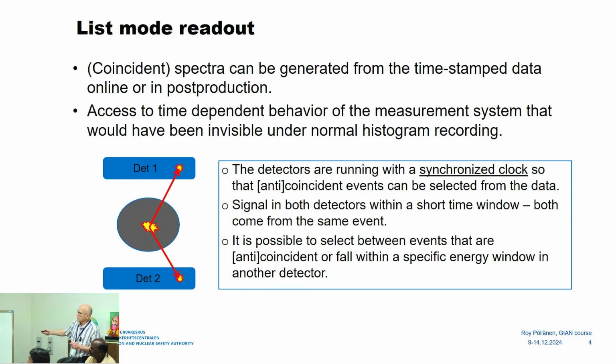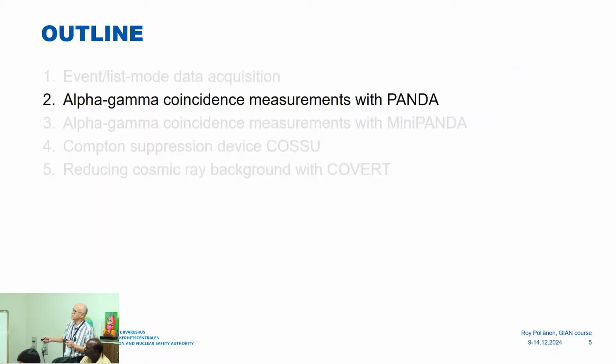It's possible to select between events that are anti-coincident or coincident, or fall within a specific energy window in another detector. Let's see some examples here.